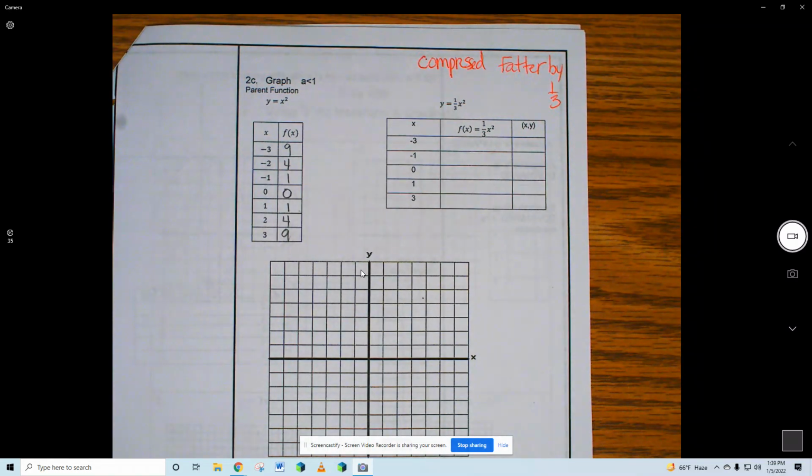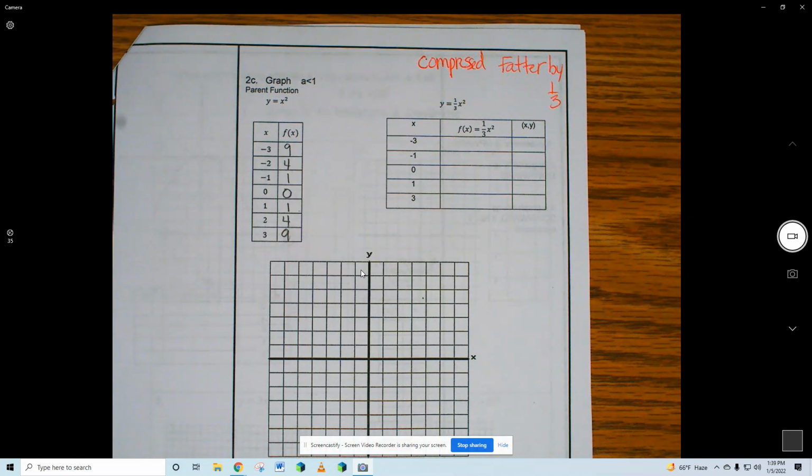So this is 1/3. Notice how I plugged in a 3 because 3 and 1/3 will work well together. I have a negative 3 squared times 1/3. This means 1/3 times 9, which is like a 9/1.